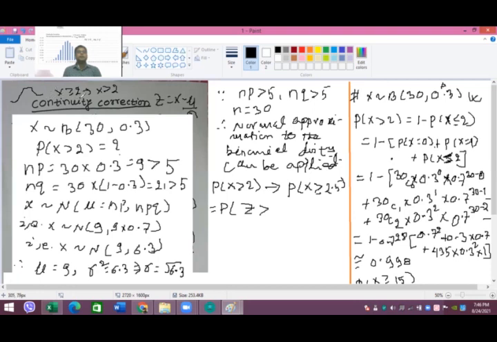Therefore, for the continuous case, bigger or equal to any value or bigger than that value will be the same thing. So let's standardize this now. It is 2.5 minus n times p, that is the mean value 9, divided by sigma, which is the square root of 6.3.